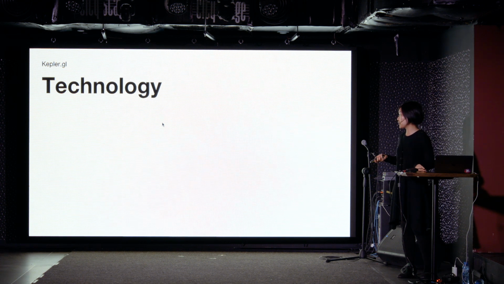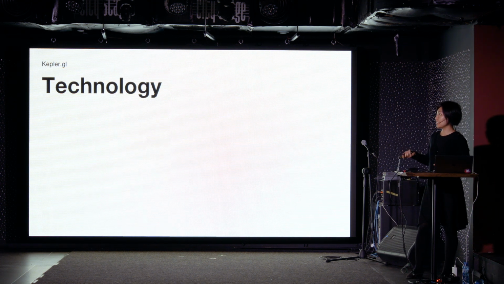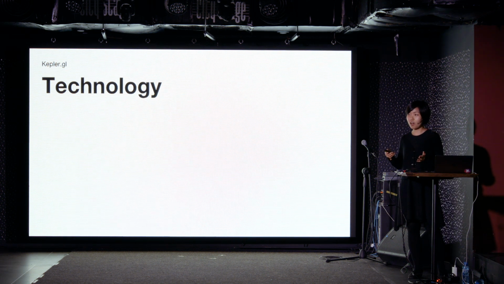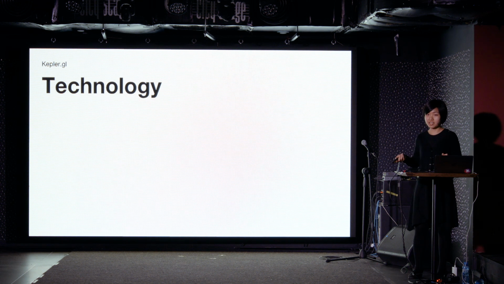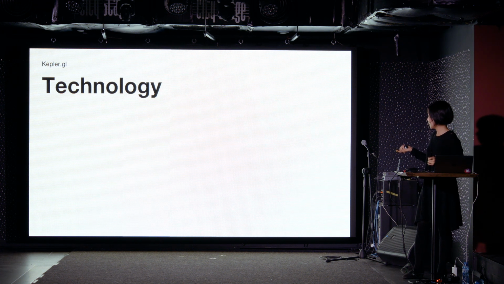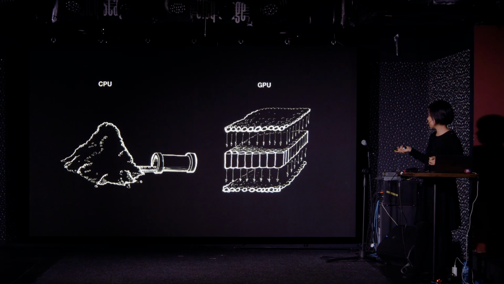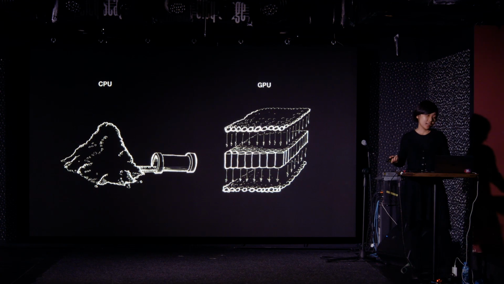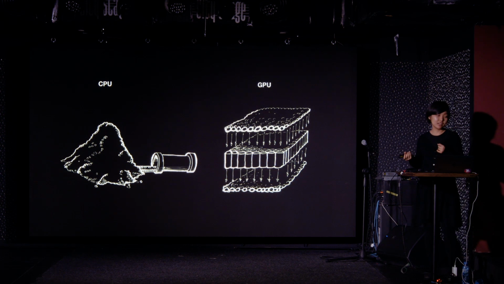So now I'm going to introduce a little bit about the technology behind Kepler.gl and particularly how we enabled such a large data set to be processed in the front end. The key to success of handling large amounts of data is leveraging the GPU.